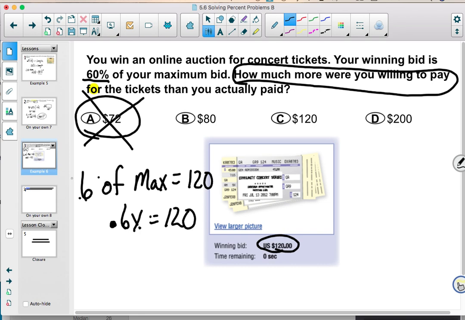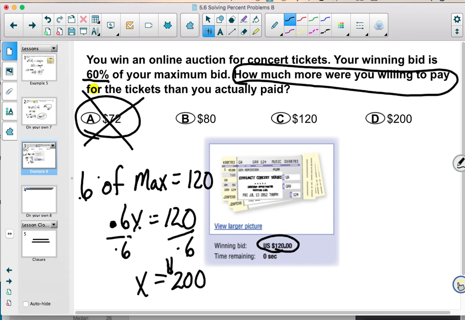How would I find out what the x is? What's the inverse application of multiplication? Divide. So if I divide both sides by 0.6, x, or my maximum bid, is how much? $200.